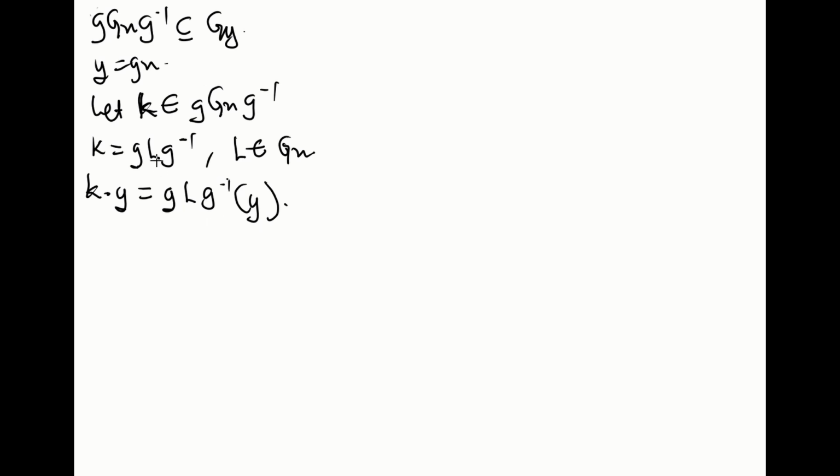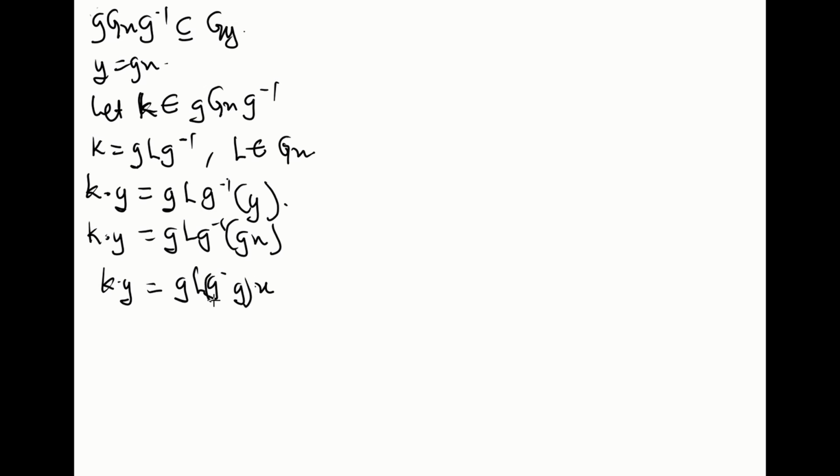Let's see what that gives us. We know that our y equals Gx. So since our y equals Gx, k composed with y is going to give us g l g inverse of Gx.